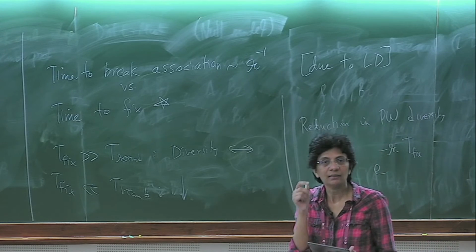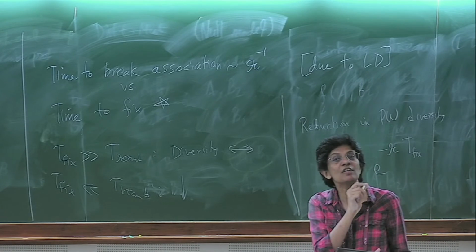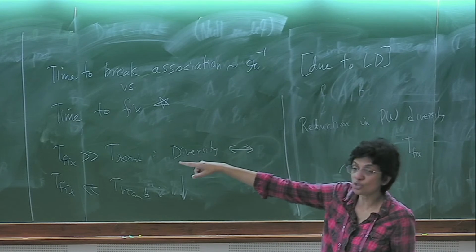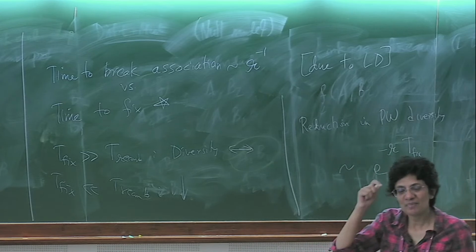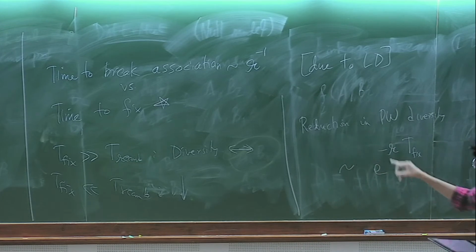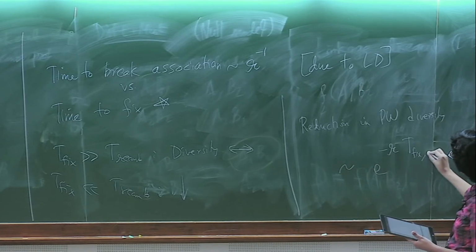Those who understand, actually this is called a conditional fixation time, because this guy should not get lost. So for those who understand these things, I should say this is the conditional fixation time.